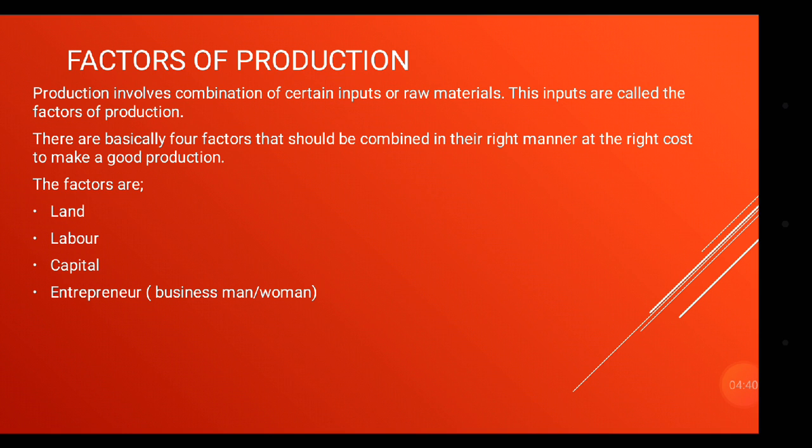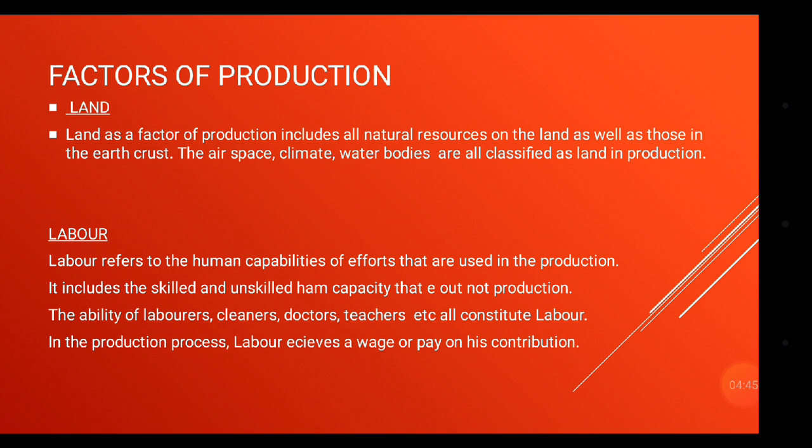Let's take these factors one after the other and look at what they actually are. Land as a factor of production includes all natural resources on the land as well as those in the earth crust. The airspace, the climate, the water bodies are all classified as land in production.